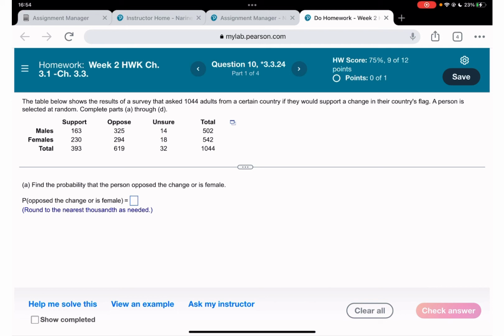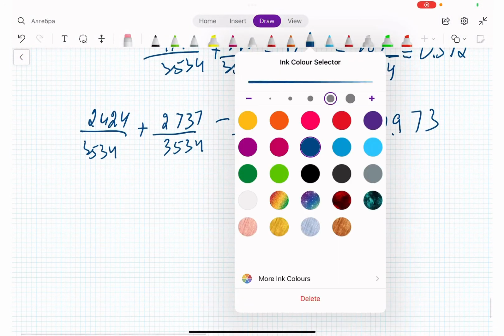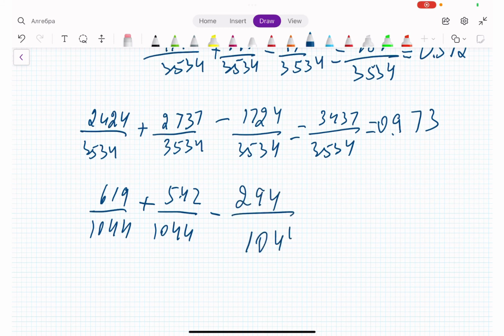And how much is their intersection, that is oppose and female? It's going to be 294. So minus 294 over 1044. Let me write it down: 619 over 1044 plus 542 over 1044 minus 294 over 1044.